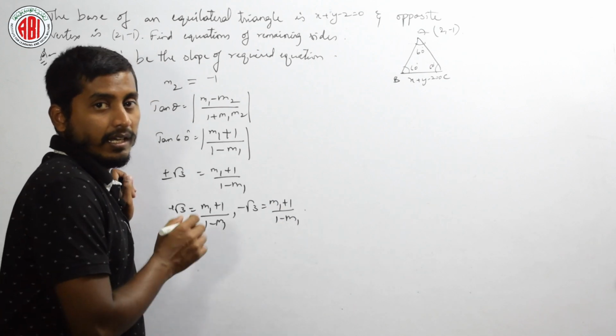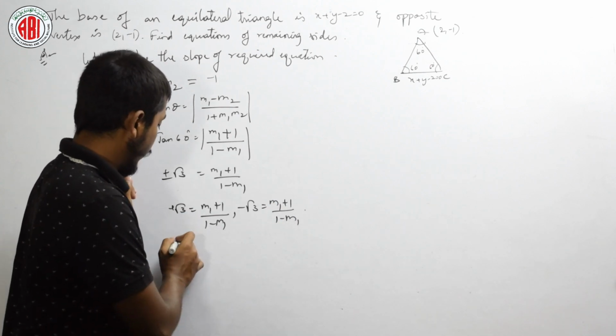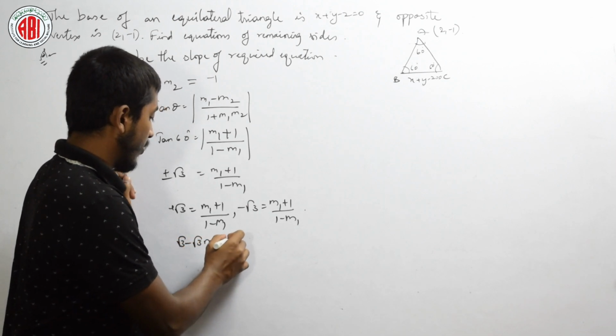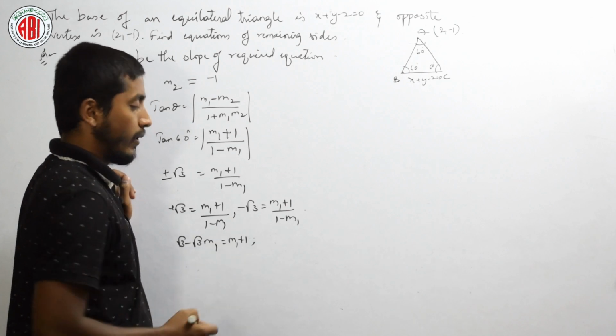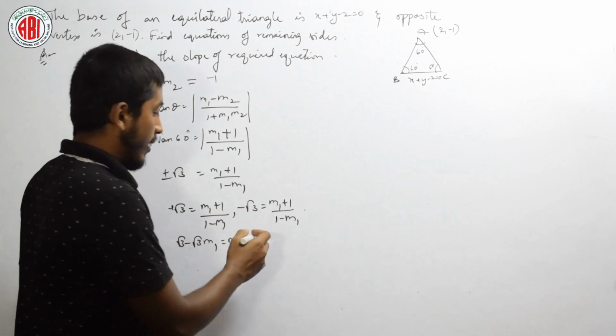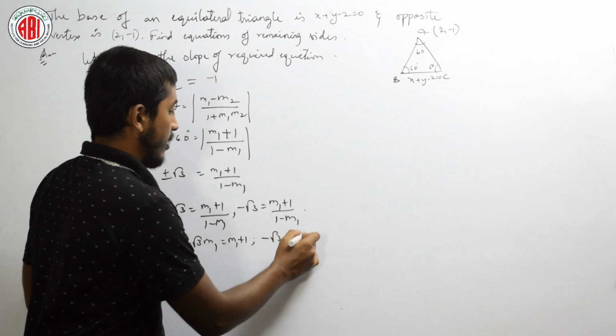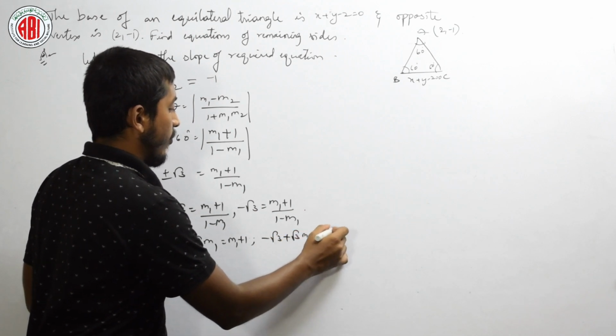Is it clear? Let us cross multiply it. Here root 3 minus root 3 m1 is equal to m1 plus 1. Is it clear? Let us cross multiply here also, it becomes minus root 3 plus root 3 m1 is equal to m1 plus 1.